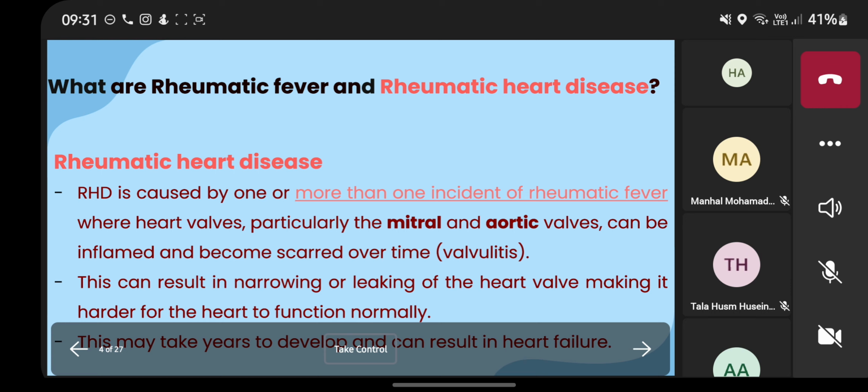You will have an inflamed and scarred valve over time, called valvulitis, and with time this valve will become dysfunctional. This results in narrowing of the valve itself, so the blood won't be pumped effectively into circulation. And throughout the years, this will lead to heart failure due to the fatigue and exertion of the heart itself.